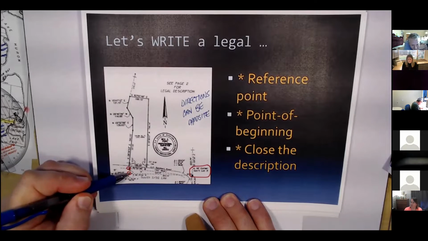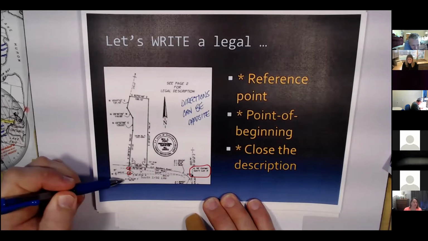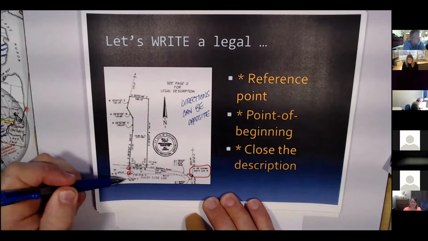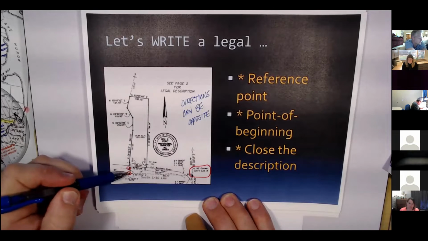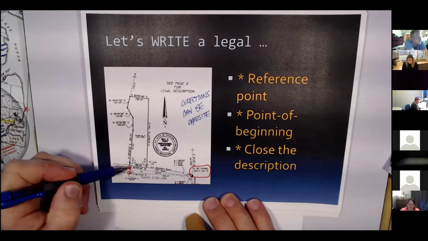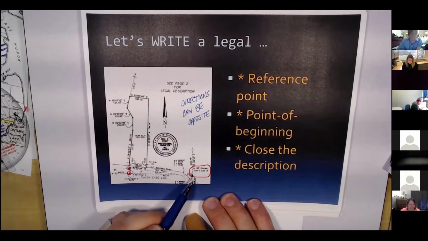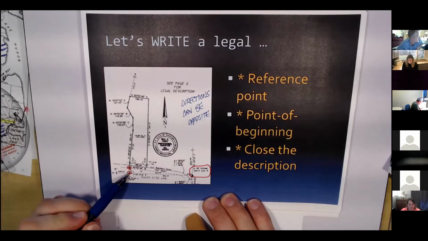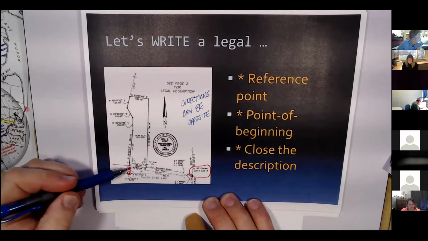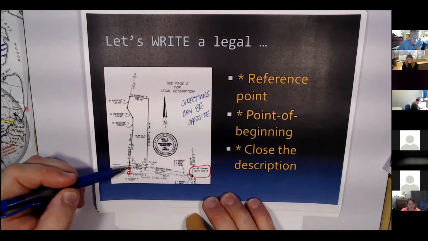They're going to this part here. Then they're going north 1 degree east and a little few fractionalities there to get to your point of beginning, commencement point or beginning point to another point, to the point of beginning of the description itself.